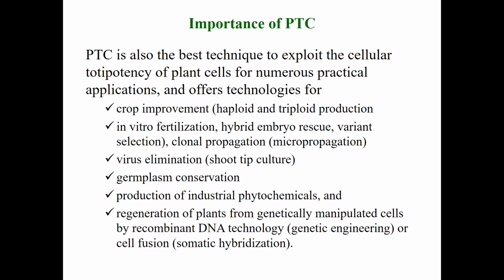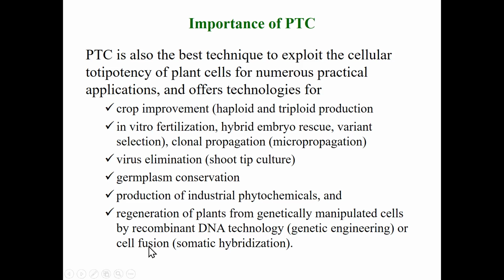And in that case, all the transformation can be done at the cellular level. And then you need to get the plant. So the cell you culture in the lab and get the plant through micropropagation, and that plant, after screening, you get the genetically modified plant.